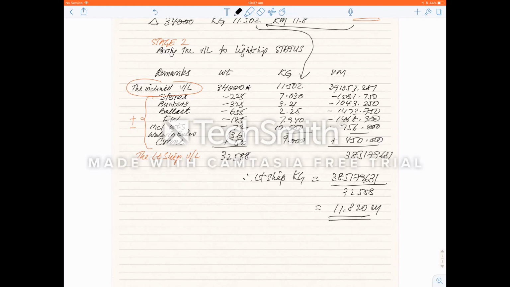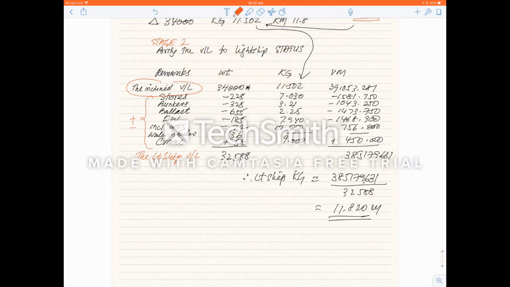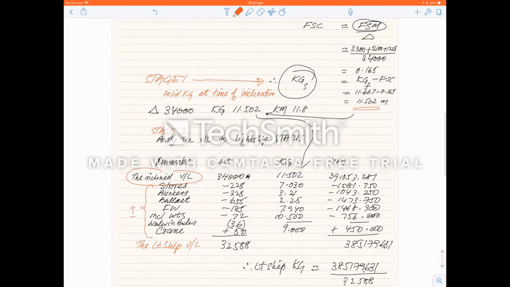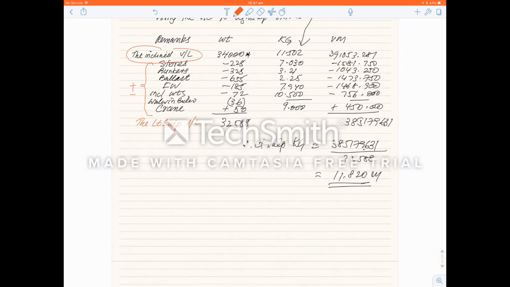So in other words, at the time of inclination, we found this is the KG at the time of inclination, but the light ship KG is this, after all adjustments. Hope you understand this now.